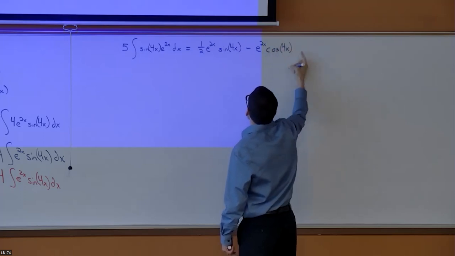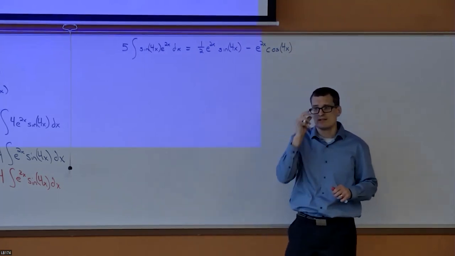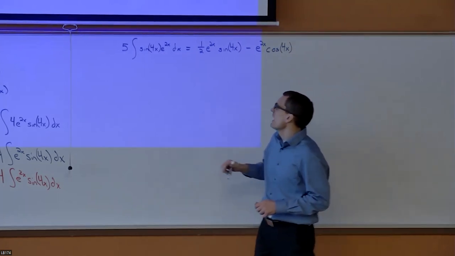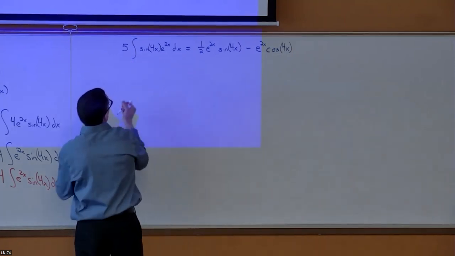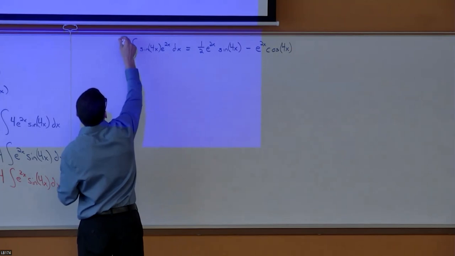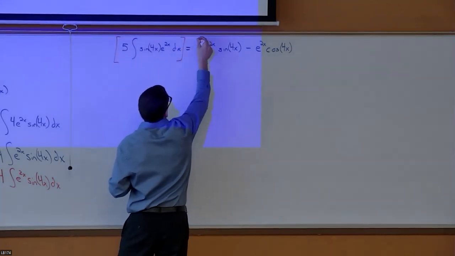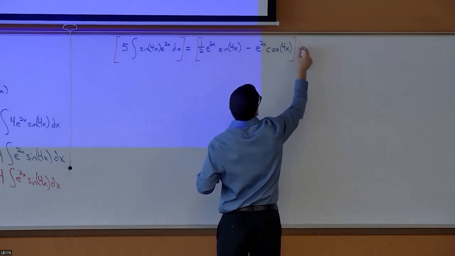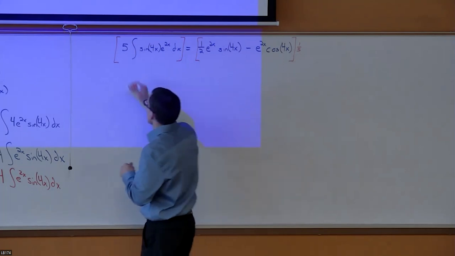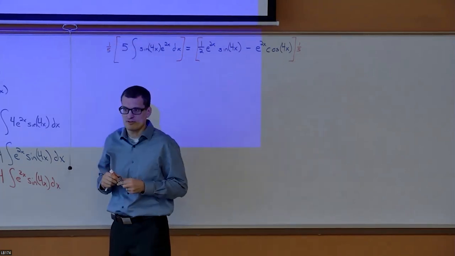Again, I'll leave off the plus c at this stage because I'll tack it on at the very end. In order to get rid of this 5, I'm just simply going to take both sides and multiply by 1/5 or divide by 5, whichever one you prefer.